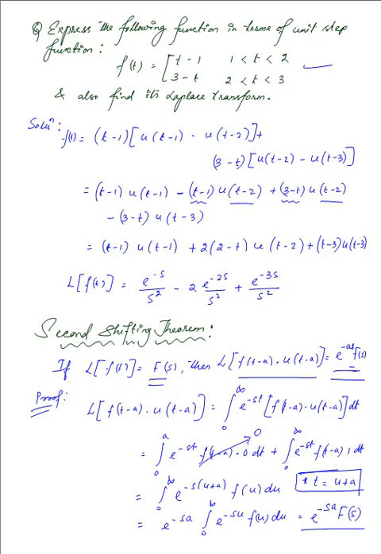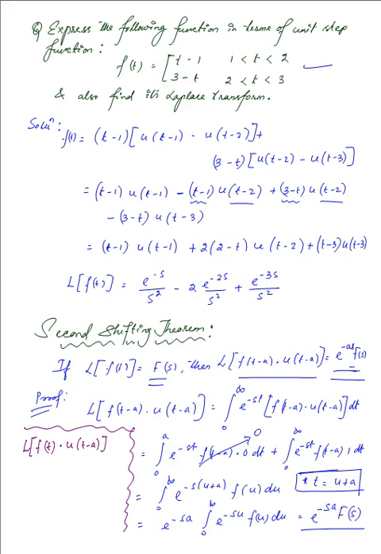So that's the second shifting theorem. Now what if we were to consider the Laplace transform of f of t times the unit function of t minus a. Now in that case, the things would have been as they have been in this derivation.